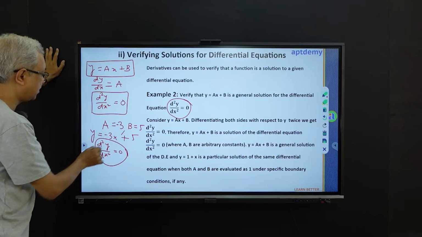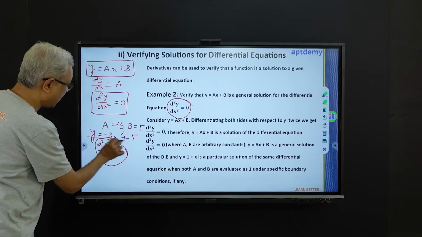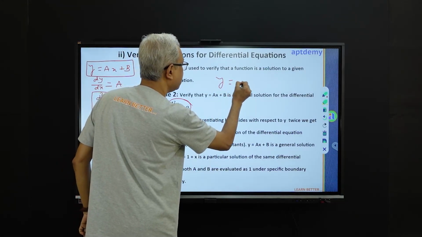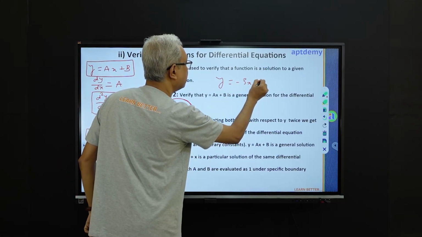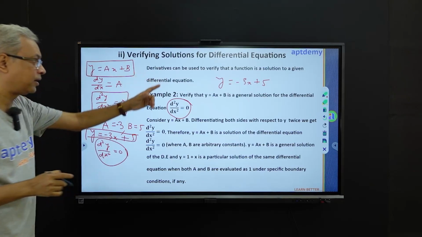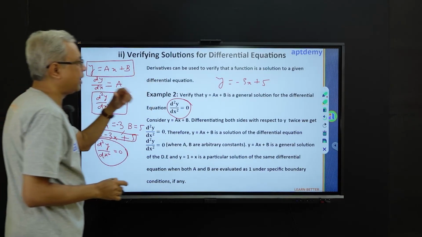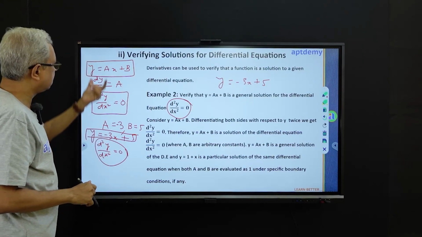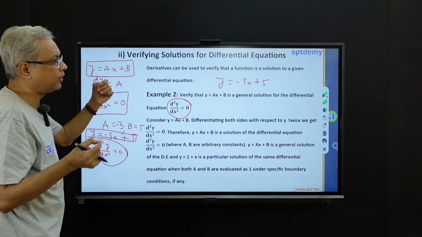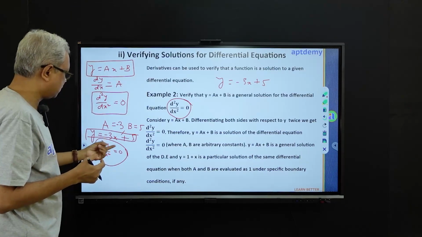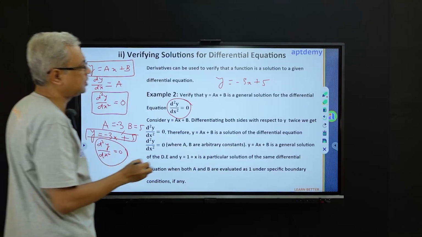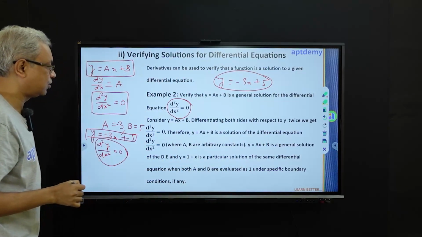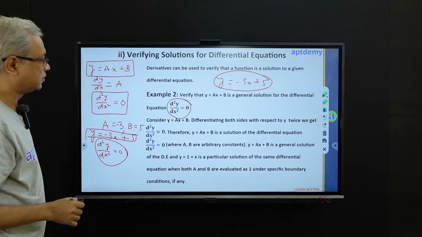So this equation has a solution like this also, y equal to negative 3x plus 5. But this is a particular solution, because a and b can take any arbitrary value, and in all cases, whatever value you think of for a and b, it satisfies this differential equation. So this is a particular solution of the differential equation, whereas y equal to ax plus b is a general solution.